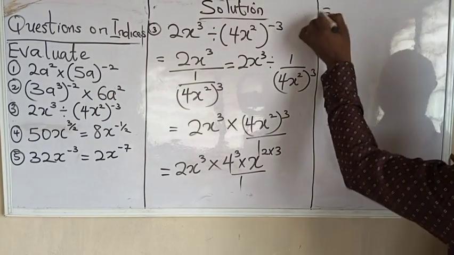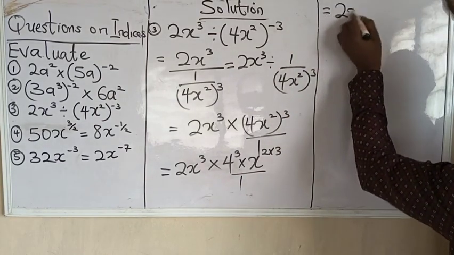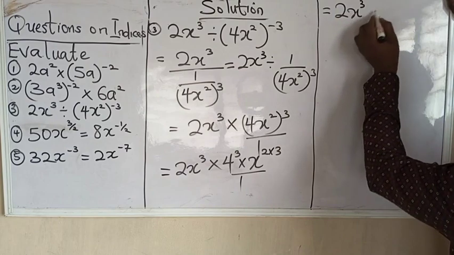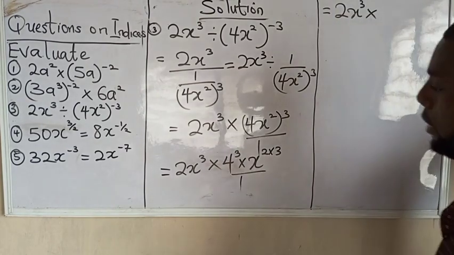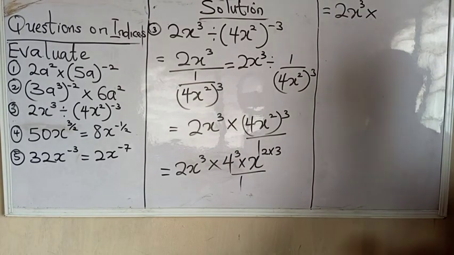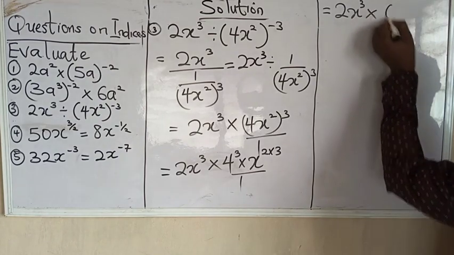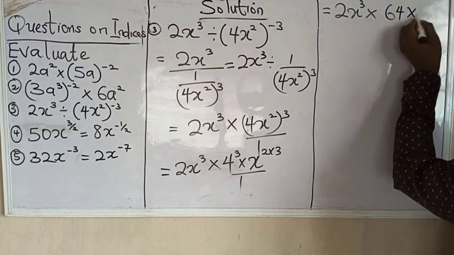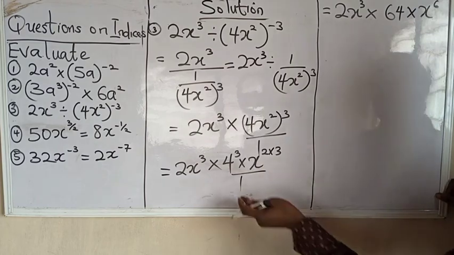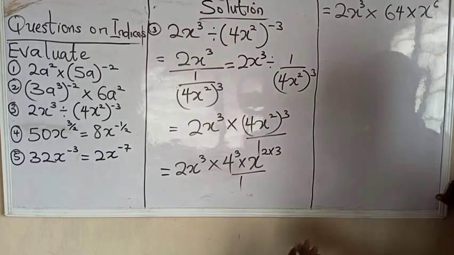So we have 2x raised to power 3 times 4 raised to power 3, which is 64. So we have 64 times x raised to power 6. I hope you all know that over 1 means that it is the number back.